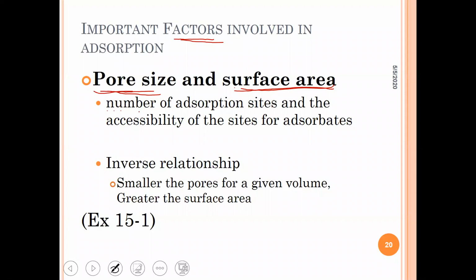The number of adsorption sites and the accessibility of the sites for the adsorbate are both important. There is an inverse relationship: if pores are very small for a given volume, the surface area will be greater.